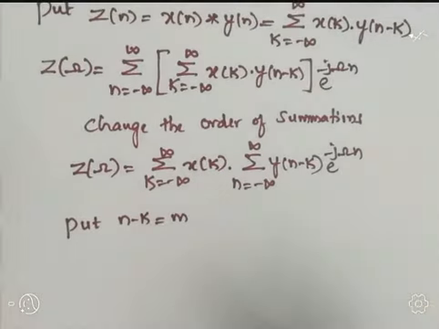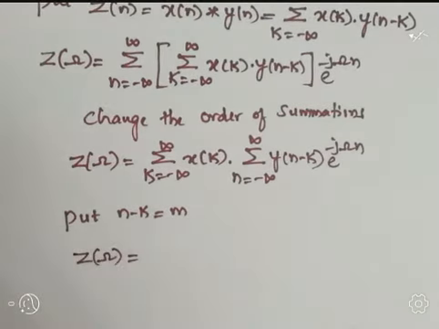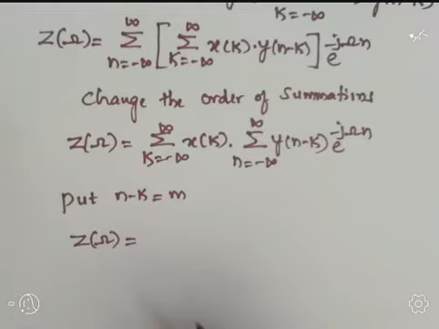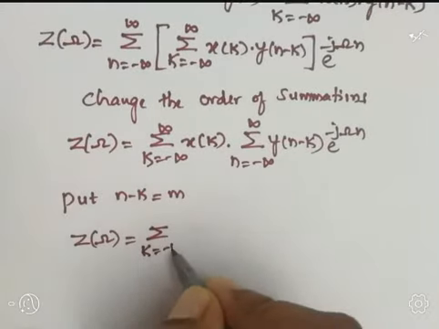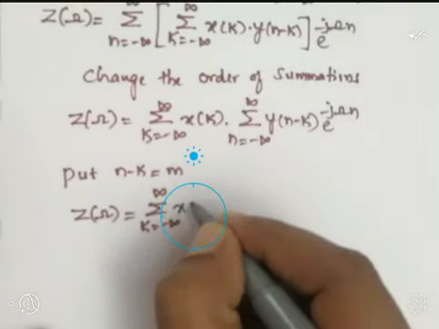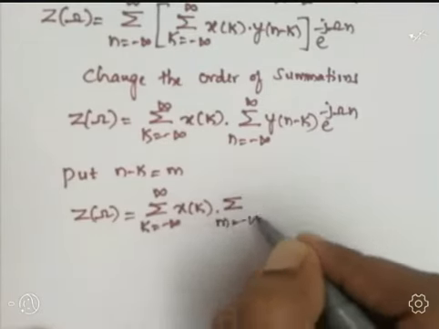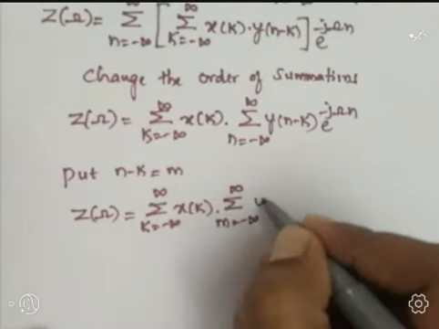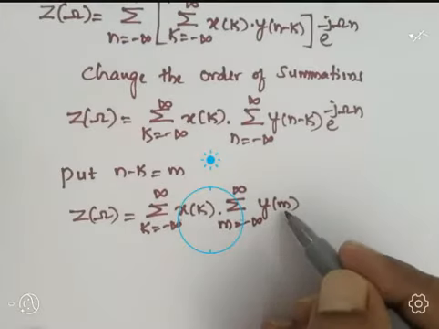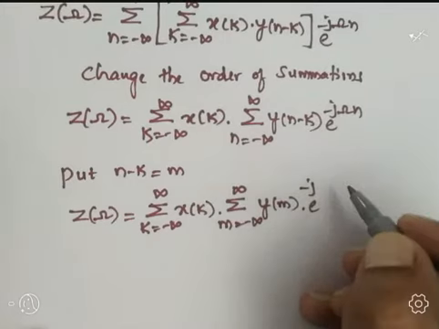Here n minus k equal to m, then our equation becomes Z of omega is equal to summation k equal to minus infinity to plus infinity x of k as it is, then summation m equal to minus infinity to plus infinity y of m, because I substituted n minus k equal to m, hence the index is m, and e to the power minus j omega.